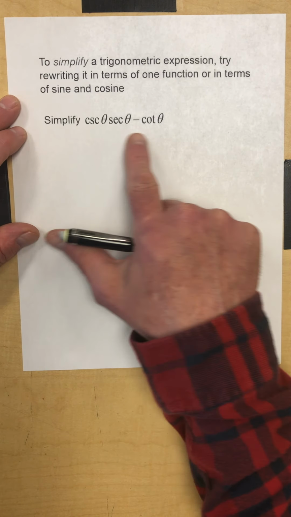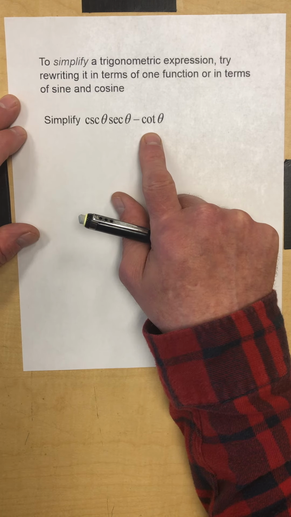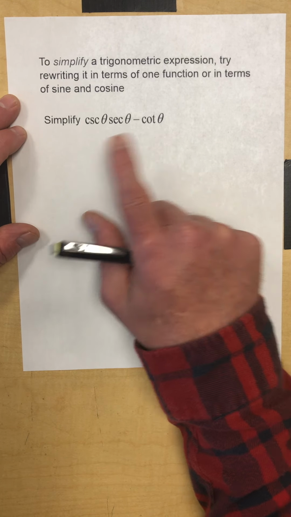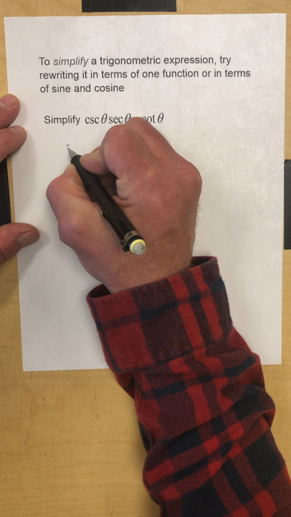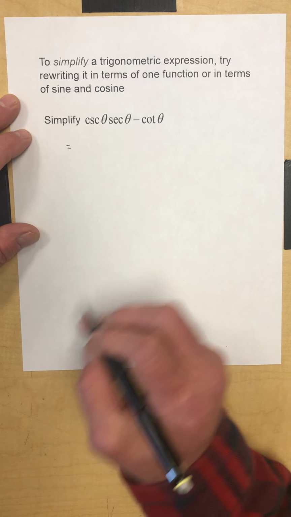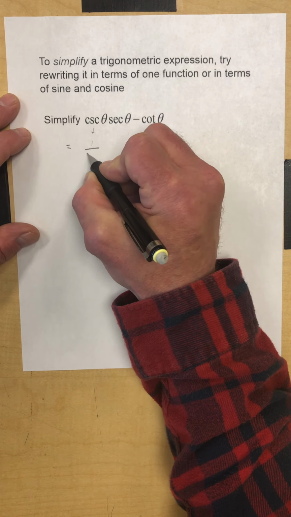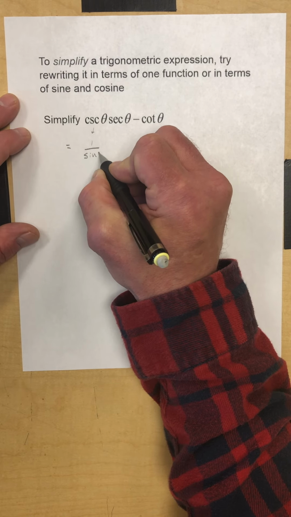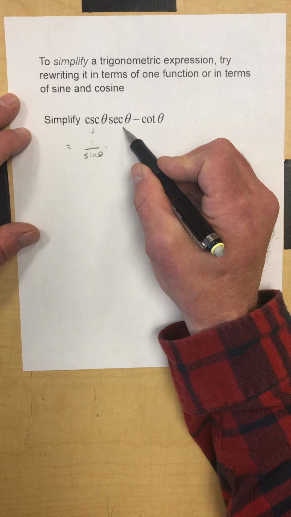So I have this expression right here, and I want to rewrite all of these trig functions in terms of sine or cosine and see what I can do with it. Let's see. Cosecant is the reciprocal of sine, so that would be the same as 1 over the sine of theta times secant.